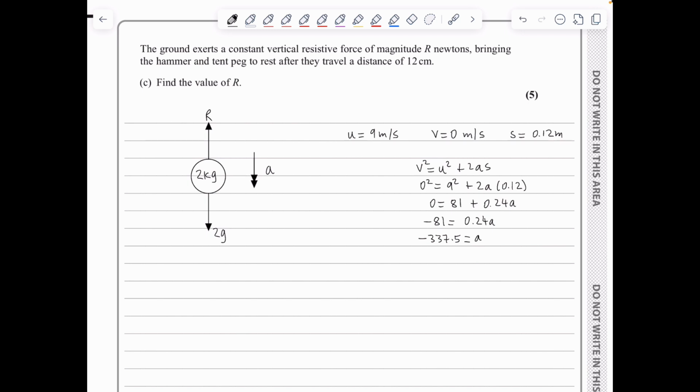Therefore we can proceed with the equation of motion for the 2 kilograms here. It's traveling downwards, so I'll be doing forces acting downwards minus forces acting upwards is mass times acceleration. So 2g minus R is equal to mass times acceleration. So 2 times 9.8 minus R is equal to 2 times minus 337.5.